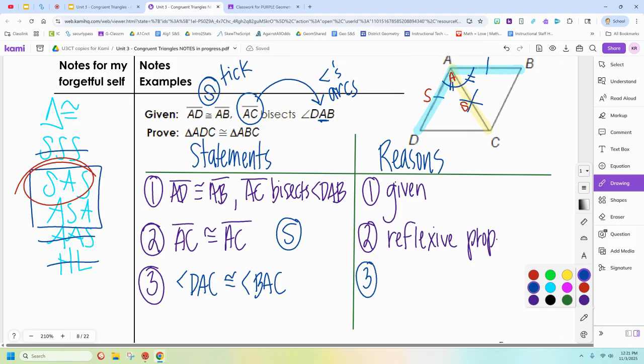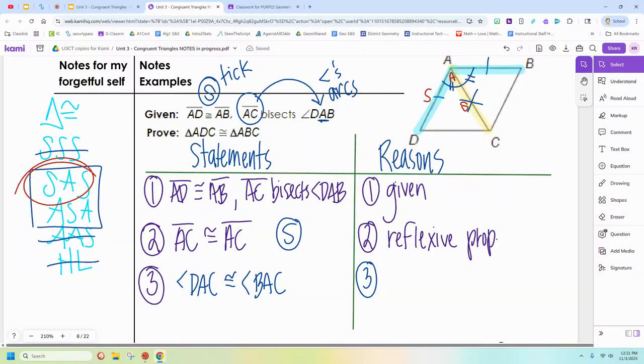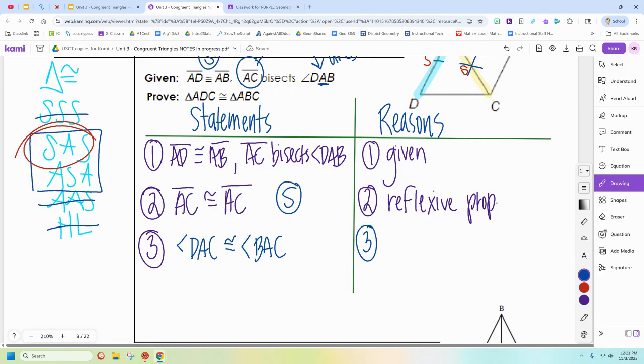Okay, so now the reason side is kind of a definition or some sort of explanation of why this is true. You can think of this line being the word because. So we go back to what we have. AC is an angle bisector, right?